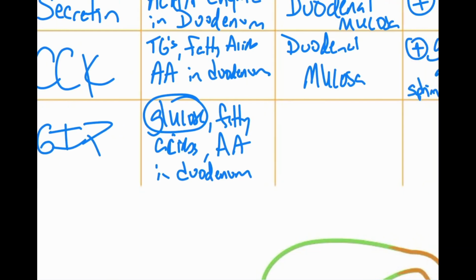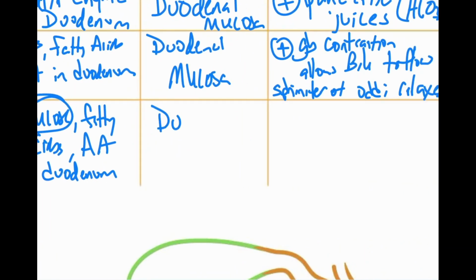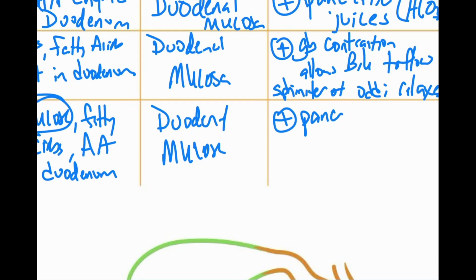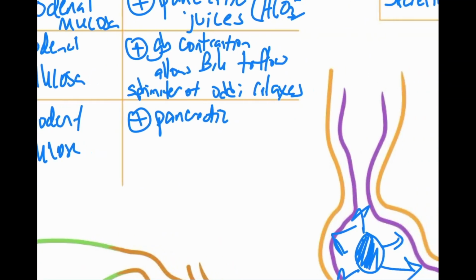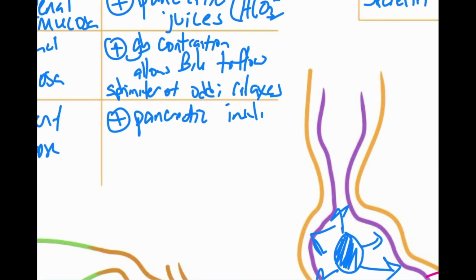So they take insulin to allow for all the glucose in their meal they just ate, enough insulin to correct all that glucose. Location of secretion, duodenal mucosa again. And the effect, positive pancreatic insulin secretion.